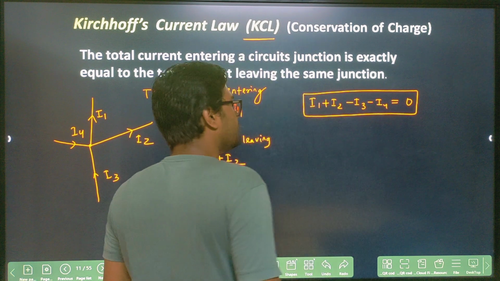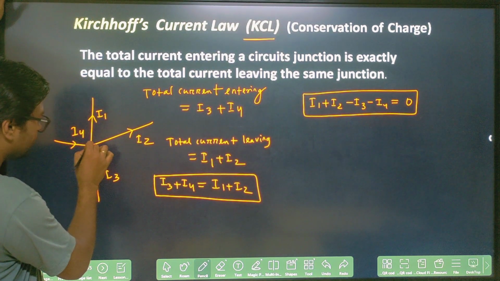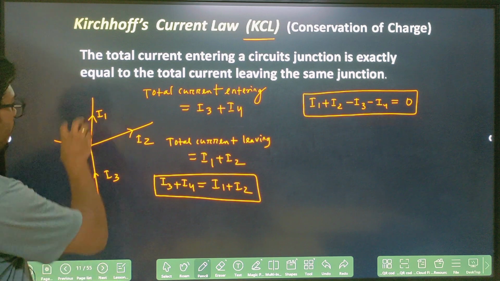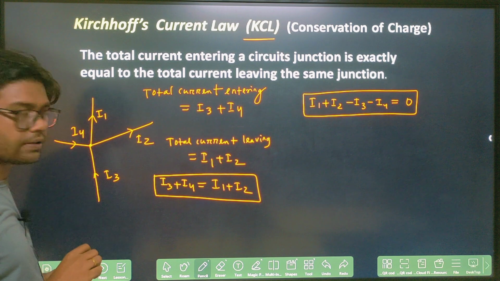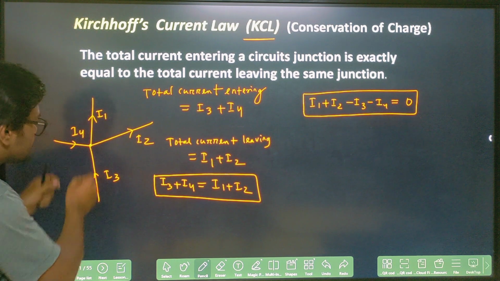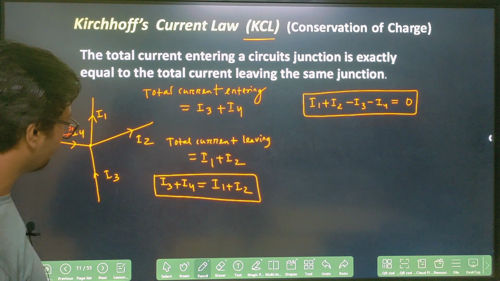What is it basically saying? You see, this is the junction here. I1 and I2 currents are moving out, or leaving this junction. I4 and I3 are entering the junction.